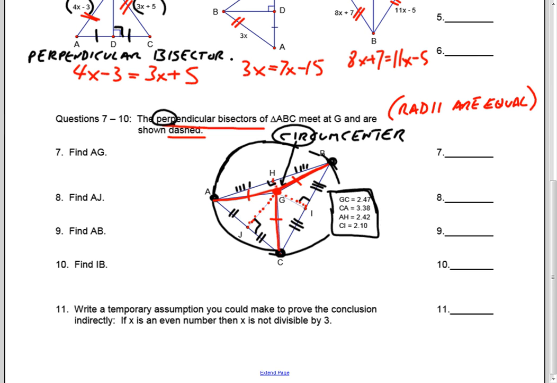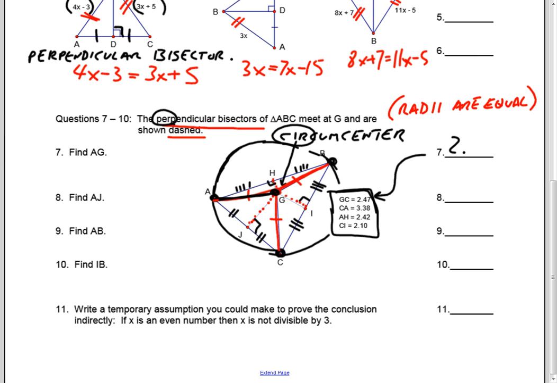Let's take a look. What is AG? AG is one of these centerpieces, one of these radii. So if I know one of the other radii, then I know AG. Do I know any of the other radii? GC. GC is right here.